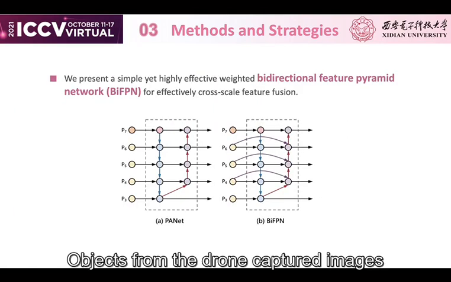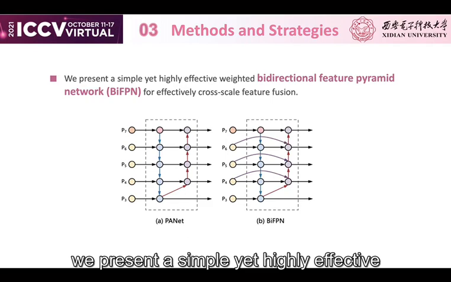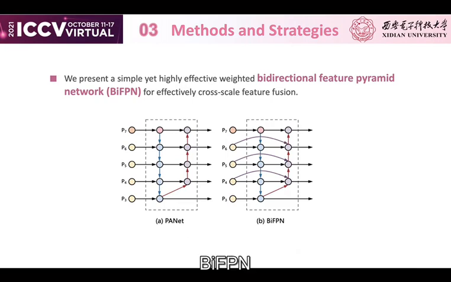Objects from the drone-captured images vary a lot in sizes, so it's crucial to effectively represent and process multi-scale features. In this work, we present a simple yet highly effective weighted bidirectional feature pyramid network, BiFPN, for effective cross-scale feature fusion.